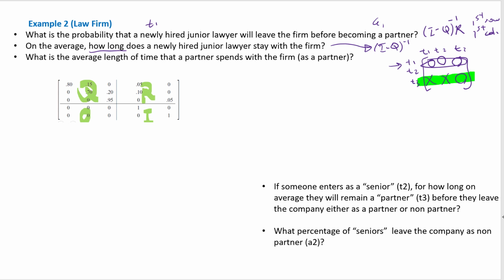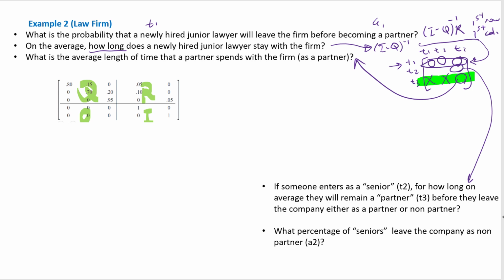Again, I look at I minus Q. It's not asking about probability, it's asking about number of periods, expected number of periods before entering an absorbing state, which is leaving the company as a partner or non-partner. It's asking about T2 going to T3, so I just look at this value here, and this was the answer to this question, and this was for the second question.